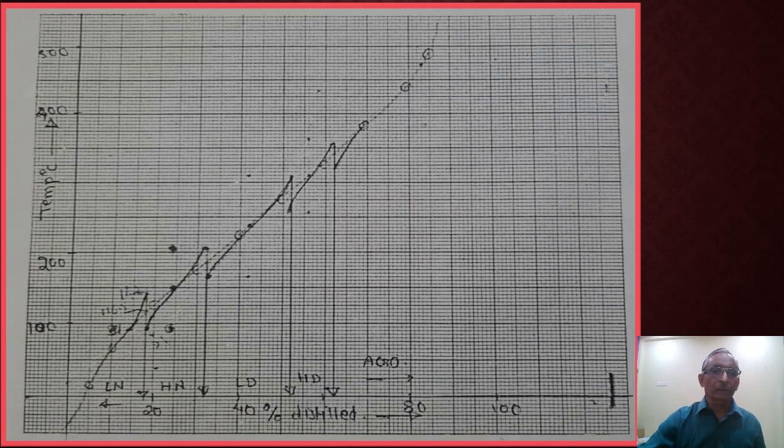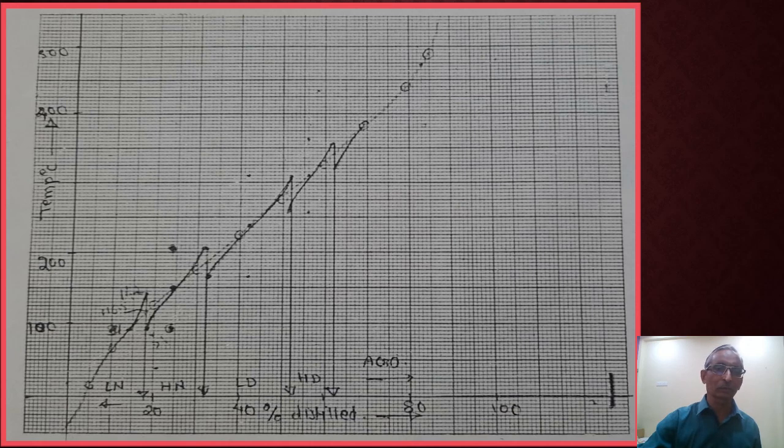So this way you identified that near about 18% light naphtha is available, with the help of the cut point you located for the first product 100L, and for the second product the initial boiling point, that is 91. So this particular curve is for the first product, light naphtha.